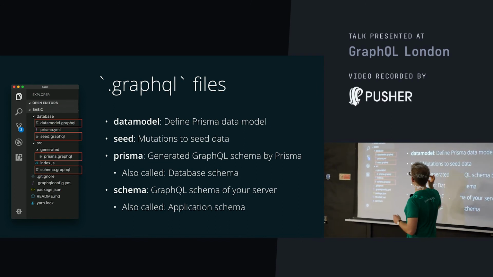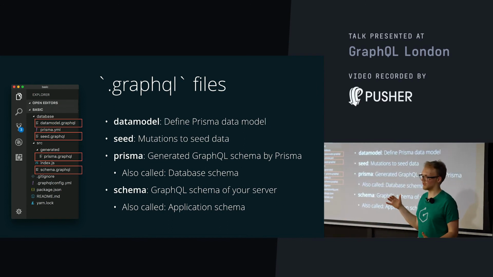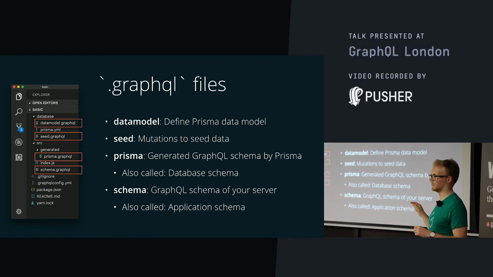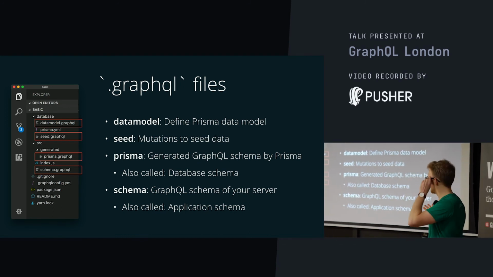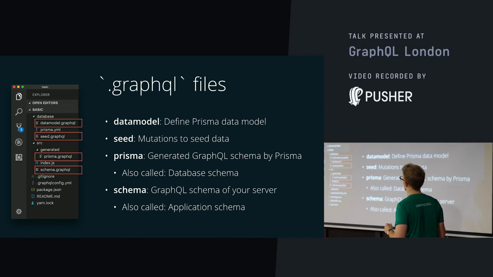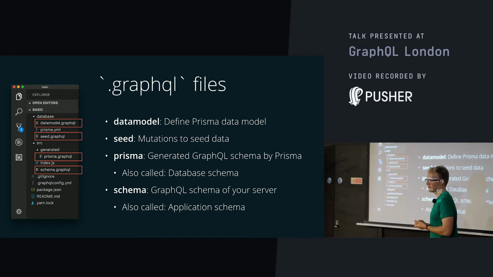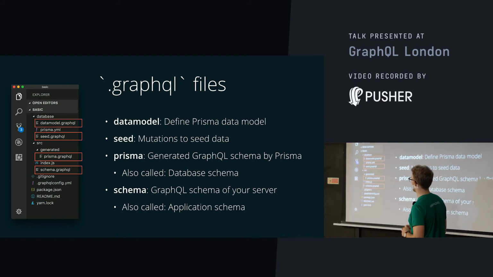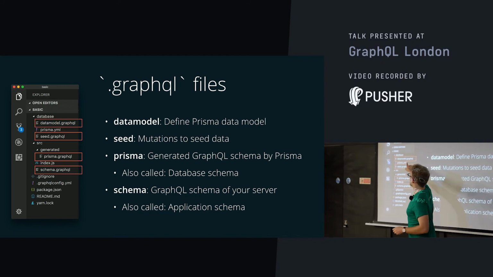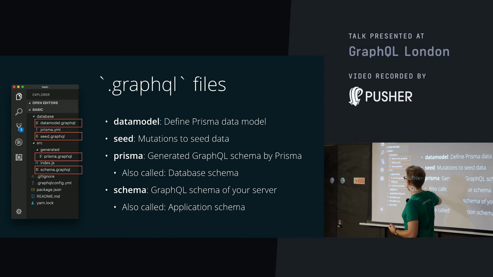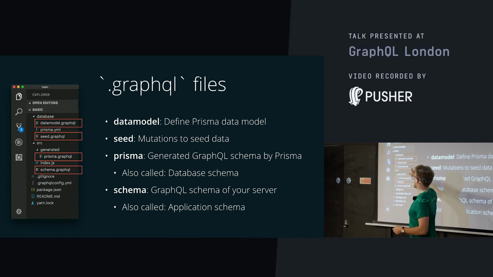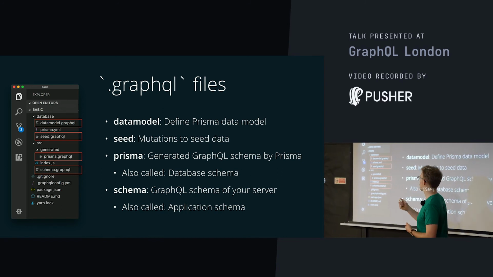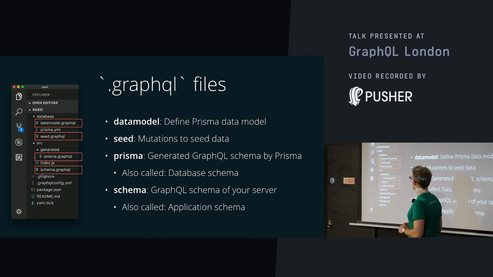One thing when getting started with this is, whoa, there are a lot of these .graphql files. So what are they actually about? What they all have in common is that they use GraphQL syntax, also GraphQL SDL. Here, the data model, what we've seen before as a foundation for your service. Seed.graphql: here you can have GraphQL mutations, which are just initially executed.